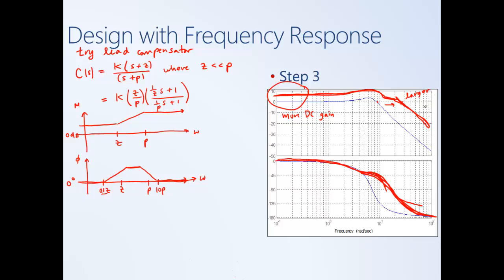So larger gain crossover, call it omega C. And this was where our old crossover frequency was. So that was our old phase margin. This is our new crossover frequency. We got a little bit more phase margin to help the overshoot.